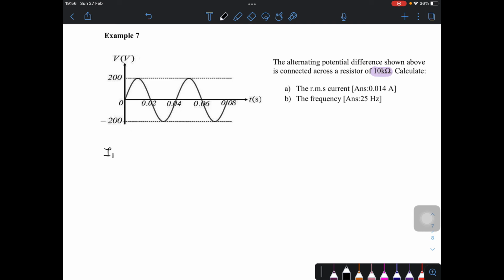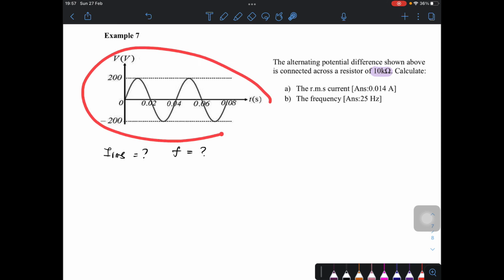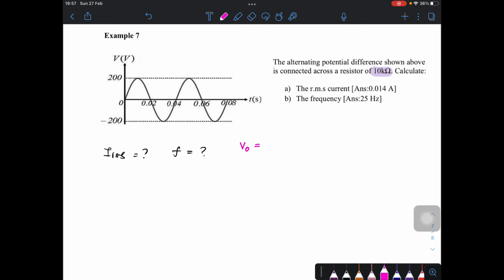We want IRMS, and then we want frequency. From the graph here, we know that this value is the peak voltage, 200 volt, and we also know that one complete cycle will get you the value for the period. So period is 0.04 second.